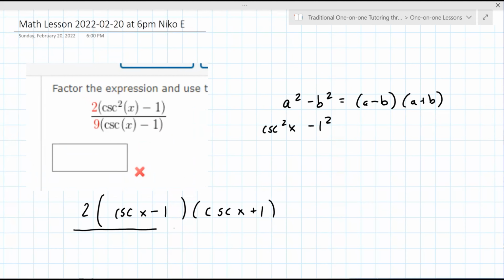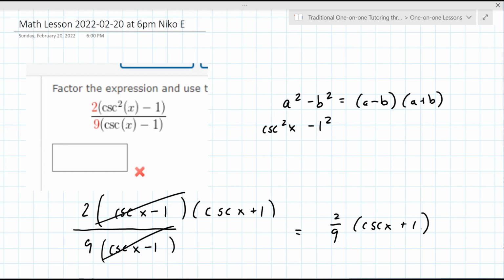And then on the bottom, you still have this 9, but you have this cosecant x minus 1. It looks like these cancel. So your final answer is just 2/9 (cosecant x plus 1). Okay.